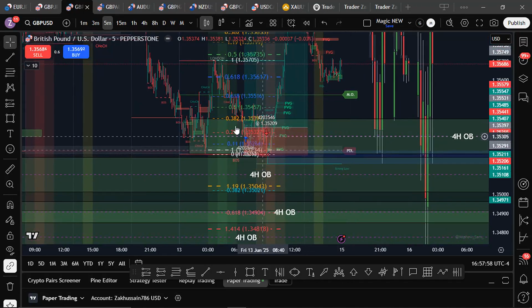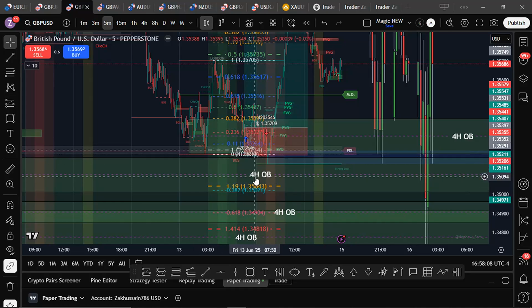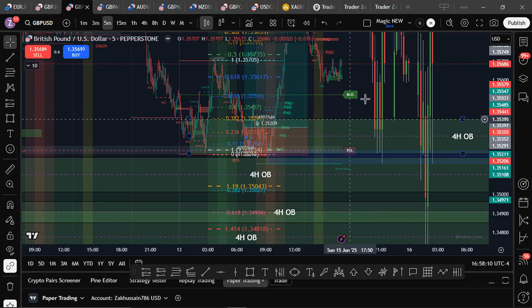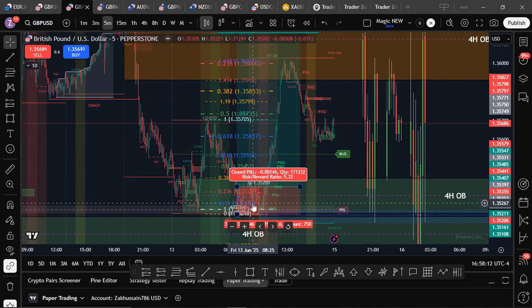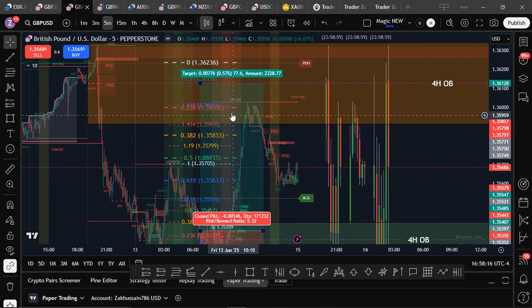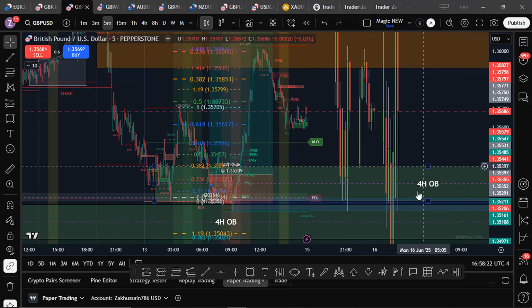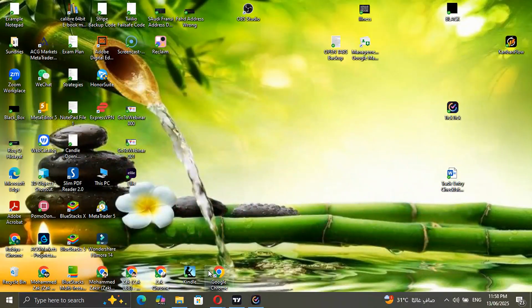So here you can see the 4-hour OB at the top was completely taken over with that sweep, and then it bounced back from the lower 4-hour OB and then went literally shooting up into the bearish 4-hour order block and then bouncing back from that. So yeah, that's how it's been this week.